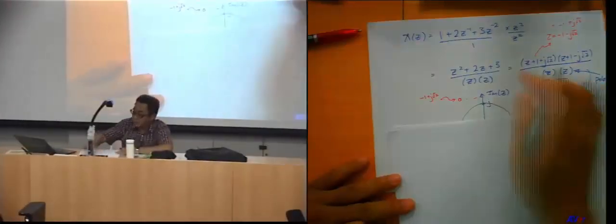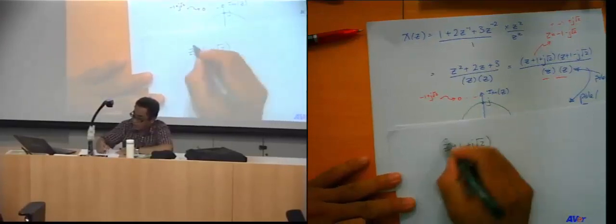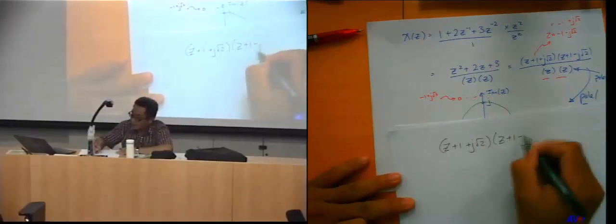To find the factors of the quadratic, let's try. z plus 1 plus j root 2, z plus 1 minus j root 2.